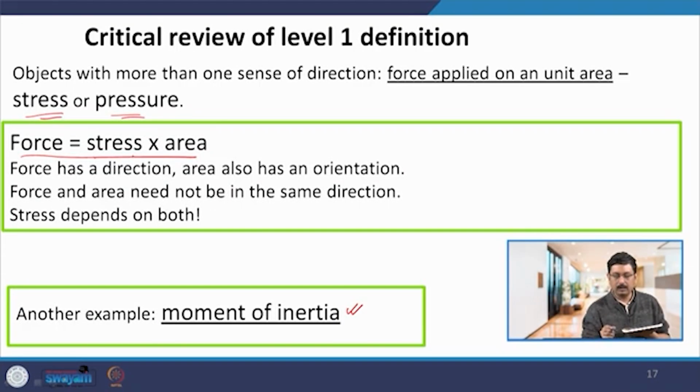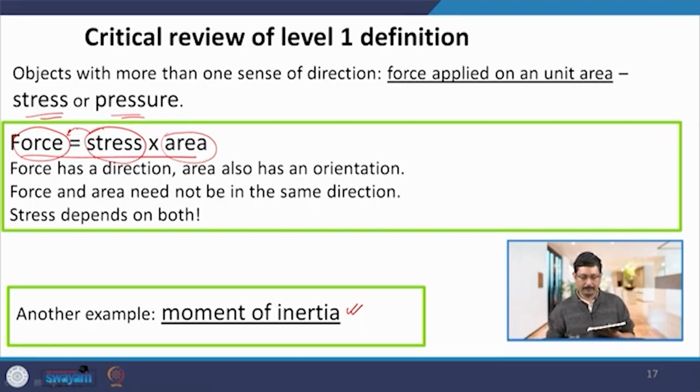Then you can see that this particular equation is not a simple scalar equation, in the sense that the direction of area and the direction of force are not the same. In general, the force can be in a different direction than the orientation of the area. You can think of it this way: this quantity stress takes the area as an input and produces the force as an output.